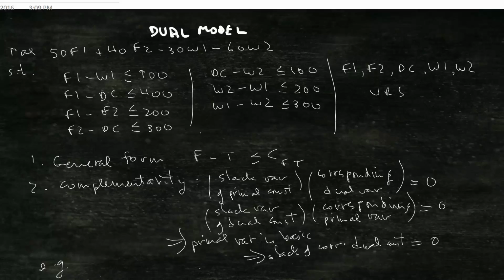So if F1 W1 is basic, then the dual slack variable is 0, which means the dual constraint is tight, and that would imply then that F1 minus W1 will be equal to 900. And this is an interesting insight, and we'll carry on from there in the next video.